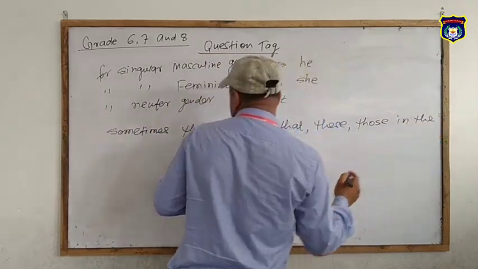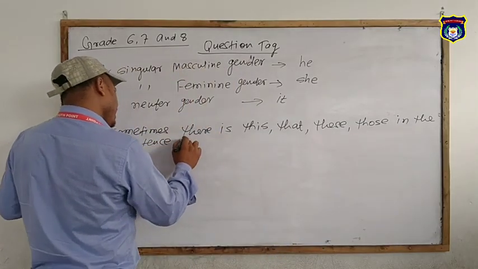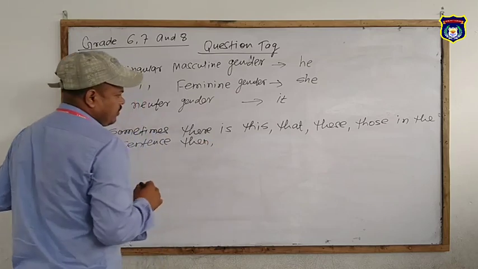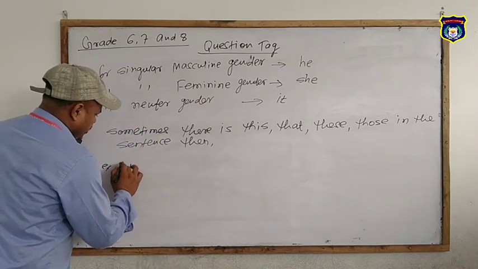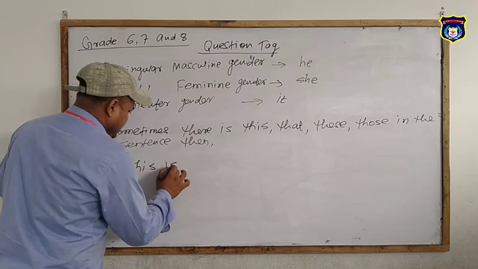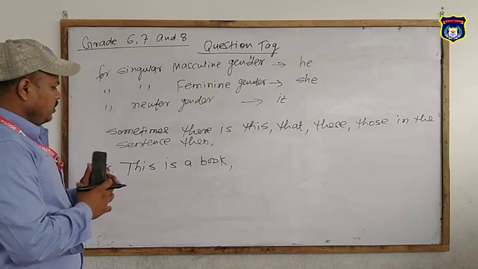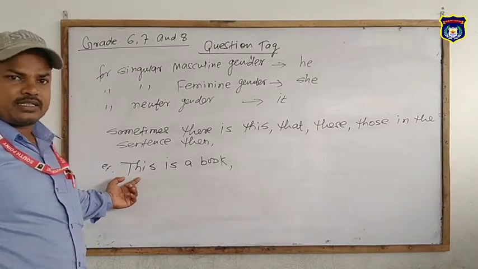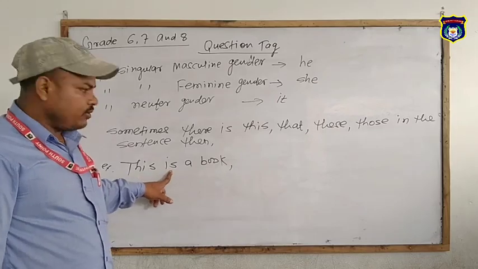Sometimes there is this, that, these, those in the sentence. This is a book. Here, this is the subject and is is the auxiliary verb.